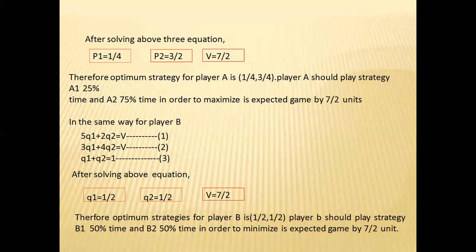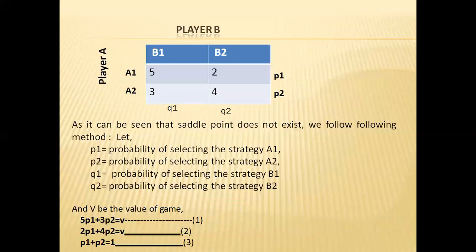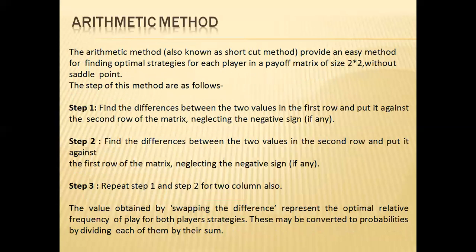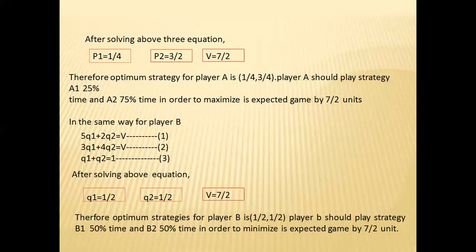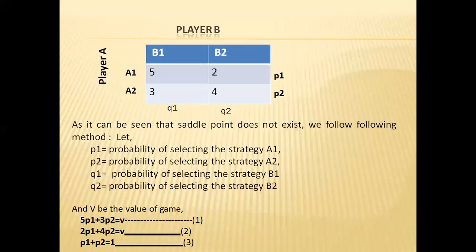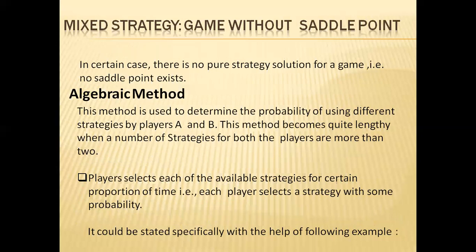So first it is a maximize condition, and the minimization condition is expected by the game, that is 7 by 2 units. In this way, the maximum conditions with respect to A and minimum conditions with respect to B are calculated. That is the first method of solving, the algebraic method.